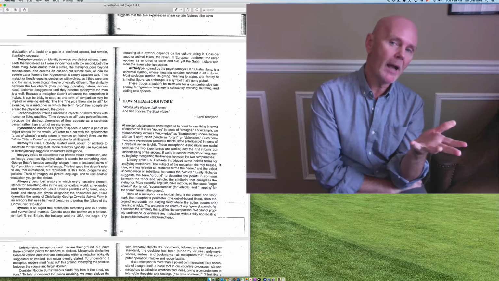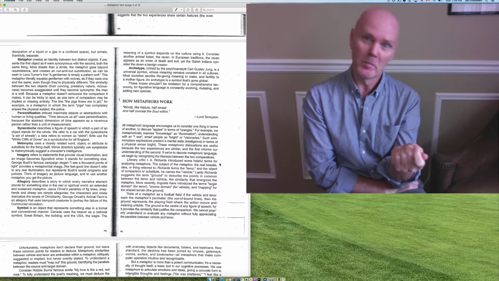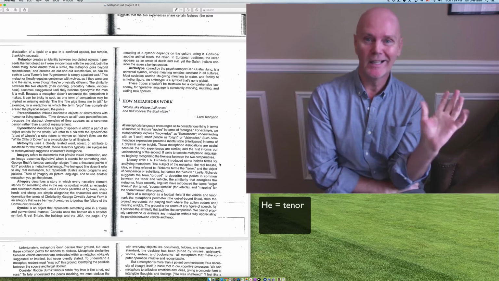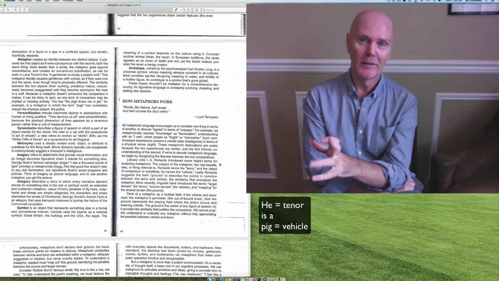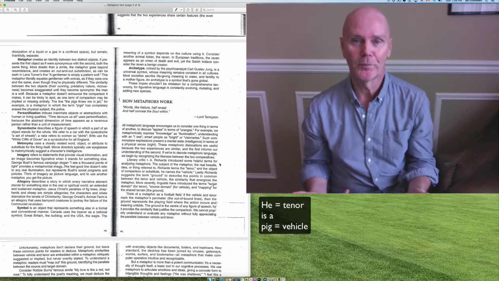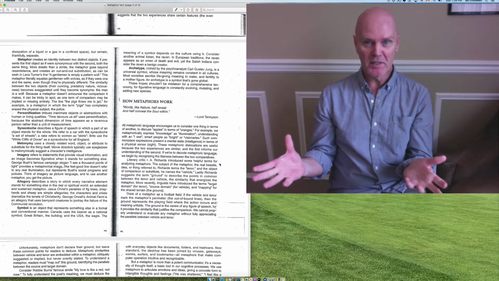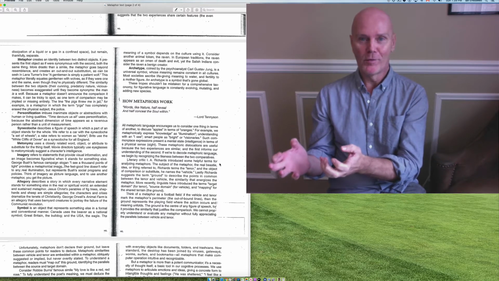So if we go back to the rather unpleasant example I gave you of a metaphor in the first class, he is a pig. He is the tenor, pig is the vehicle. And then to unpack the metaphor, what you do is explore the properties of the vehicle.